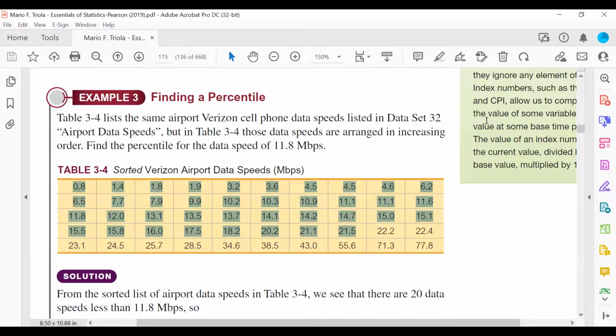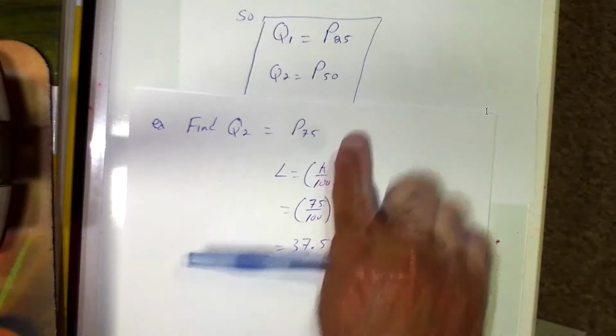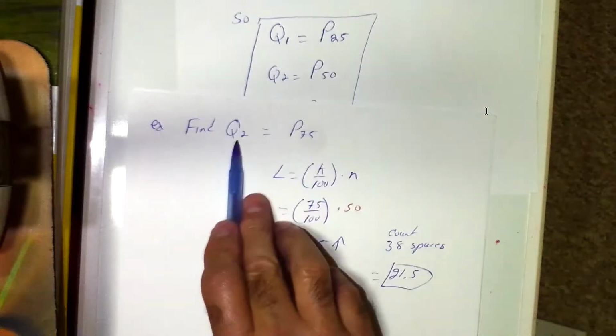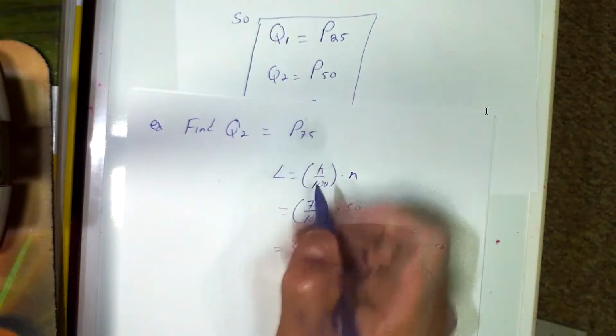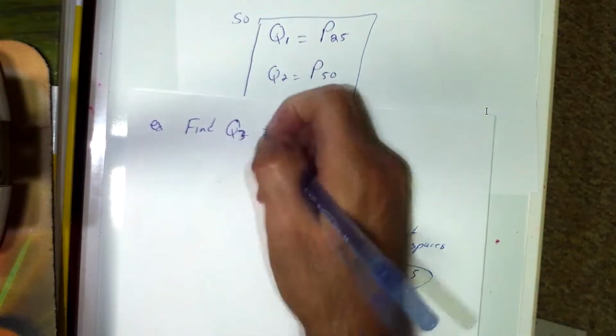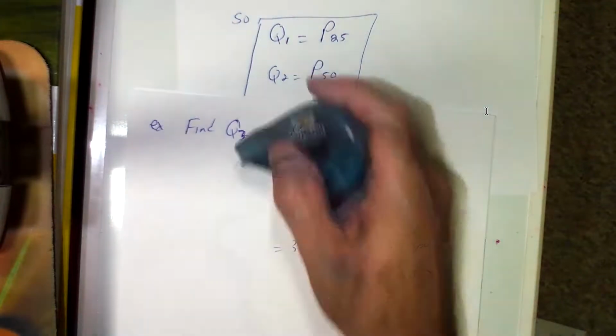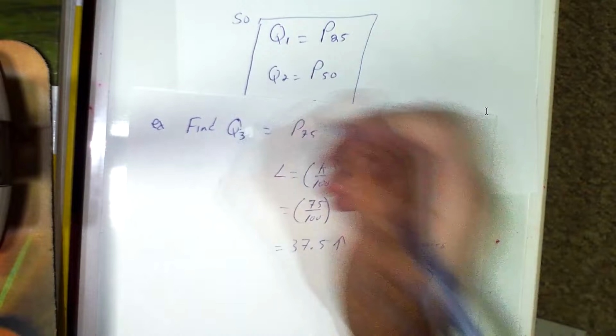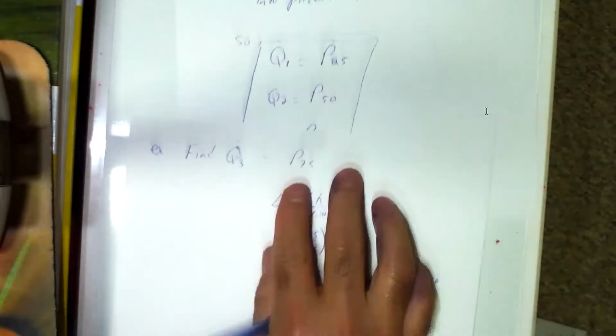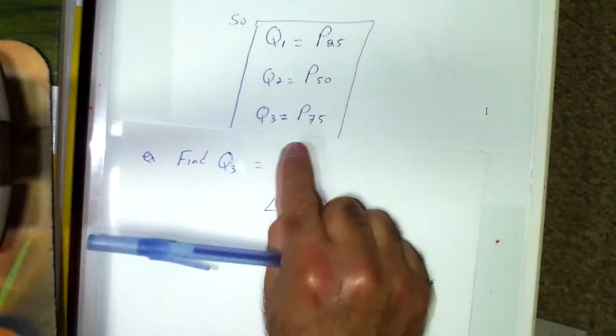So all you're basically doing is converting the quartiles into a percentile. Sorry, I said Q2 earlier, but that should have been Q3. Q3 is P75.